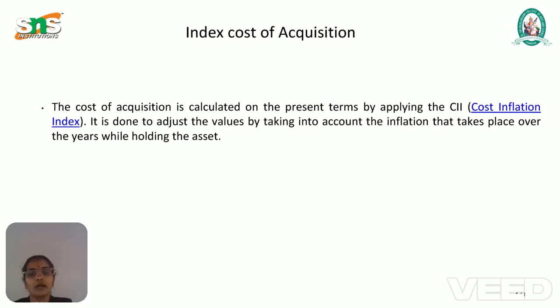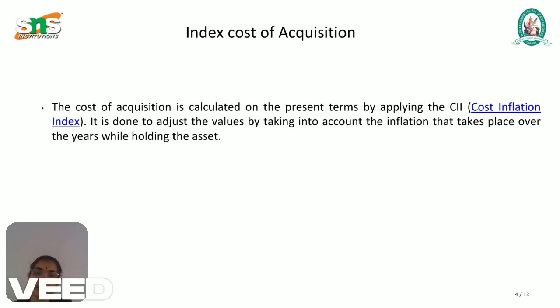It is done to adjust the values by taking into account the inflation that takes place over the period, depending on how long we hold the asset. For a short term asset, the holding period is less than 36 months, that is, less than 3 years.